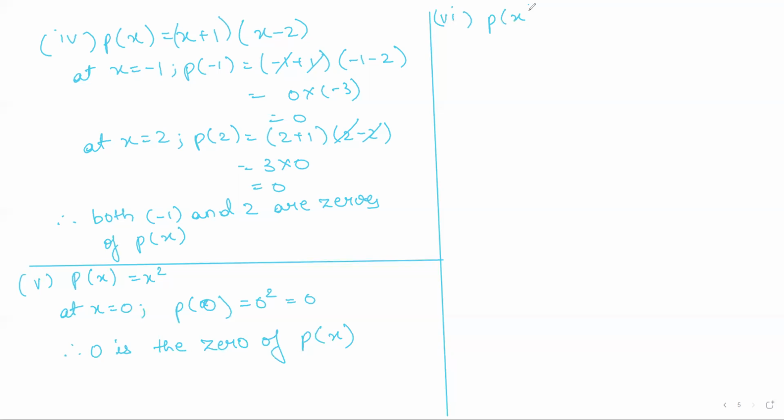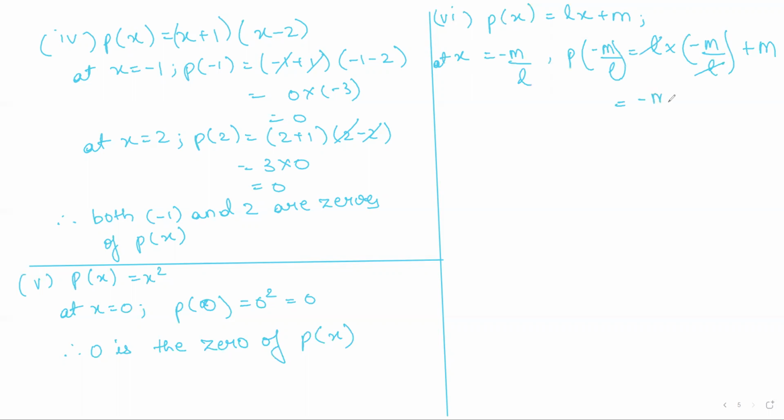Next, P of x is equal to lx plus m. And you have to check at x equals minus m upon l. At this value, P of minus m upon l will be equal to l into minus m upon l. l will get cancelled, plus m.